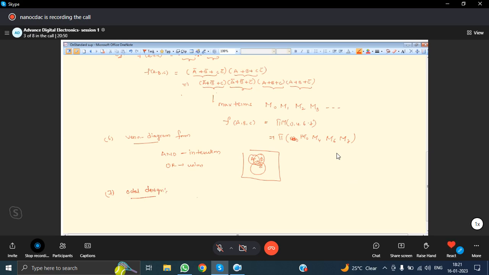A string of zeros and ones, say 0 1 1 0 1 0 1 1, is called a characteristic vector. In octal design, we represent it from M0, M1, M2, M3, M4, M5, M6, M7, as 0 1 1 0 1 0 1 1. So the function with variables A, B, C can be written by noting at which positions the ones are, starting from the right side: 0, 1, 3, 5, 6.